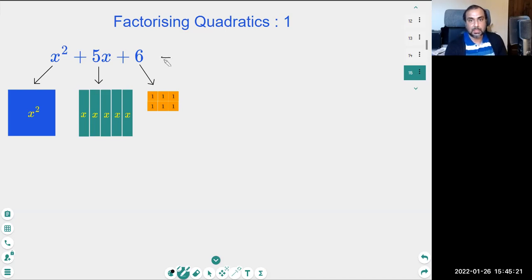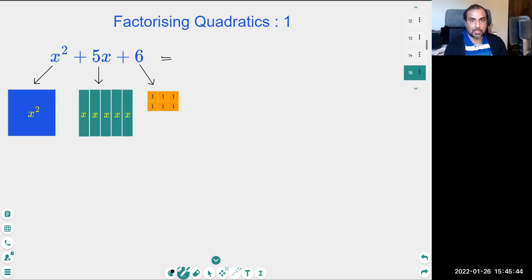In maths, it means coming up with two expressions that multiply together to give this thing. But x squared plus 5x plus 6 is an area, and again, we're going to rectangularize it. It's going to have 2 lengths, and one of the lengths will be this factor and the other length will be that factor.